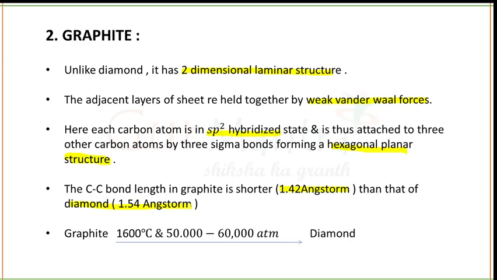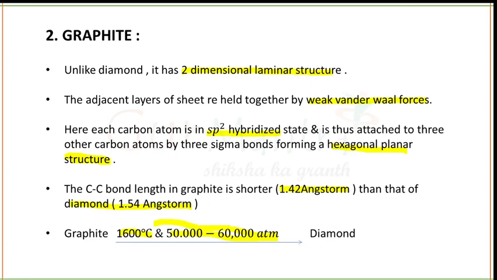When you give high pressure and high temperature to graphite, it will convert into diamond. The approximate temperature is 1600 degrees Celsius and the pressure is 50,000 to 60,000 atmospheres to convert graphite into diamond.